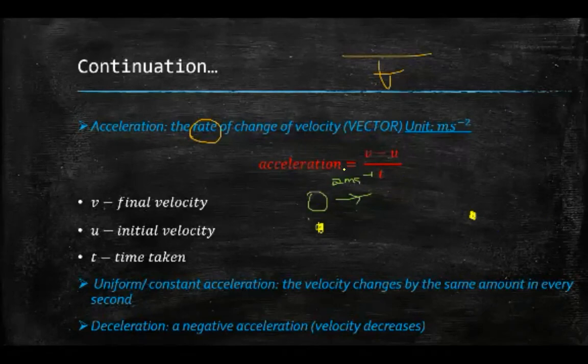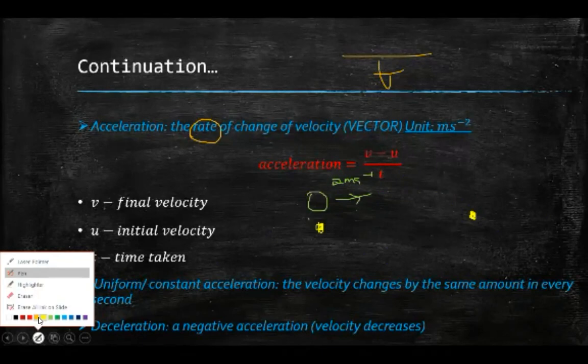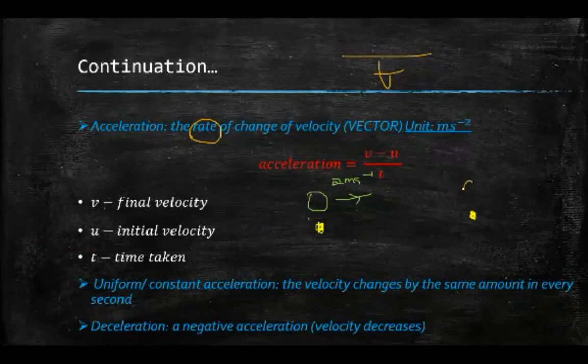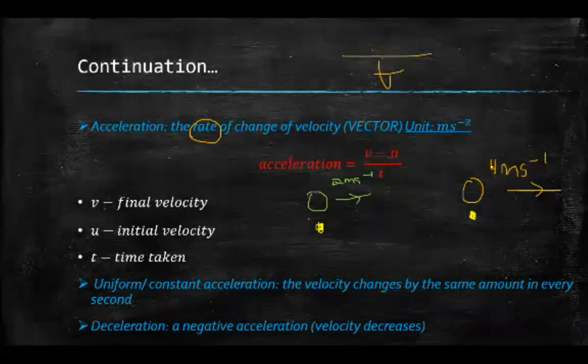At this point, it's moving 2 meters per second and it's still moving to the right. But I then check this point. So it's traveling, right? It's going down, it's going down. I check again at this point. And I realize that the same body, so the same car, is still moving to the right. But this time, the speed is now 4 meters per second.